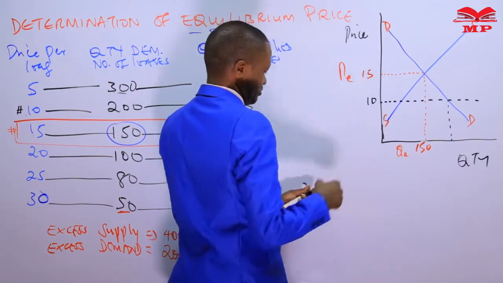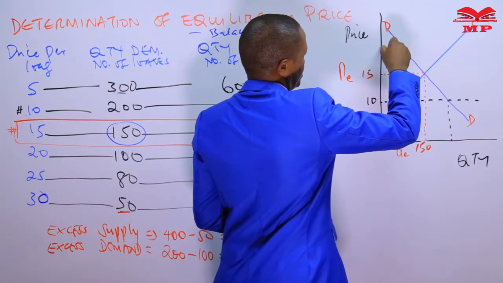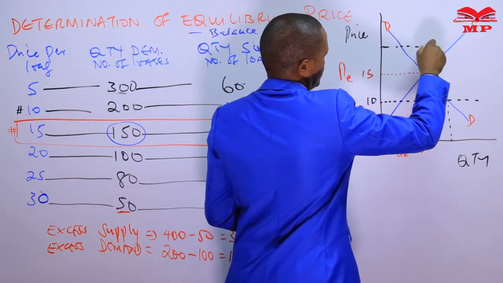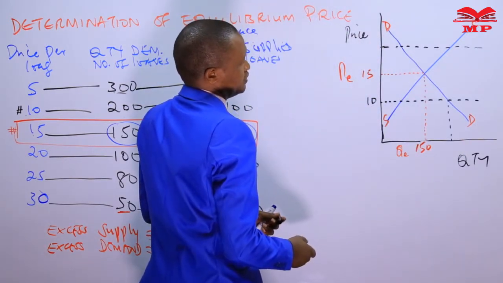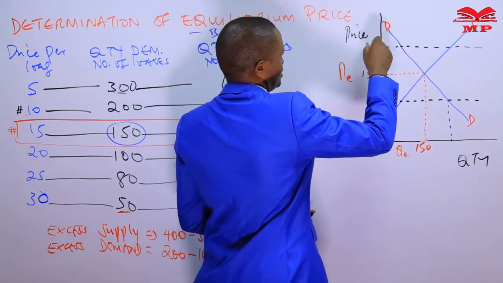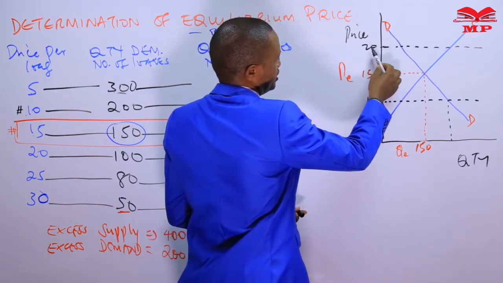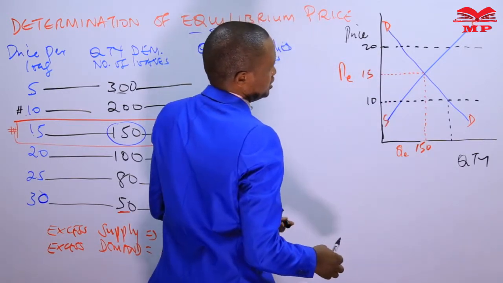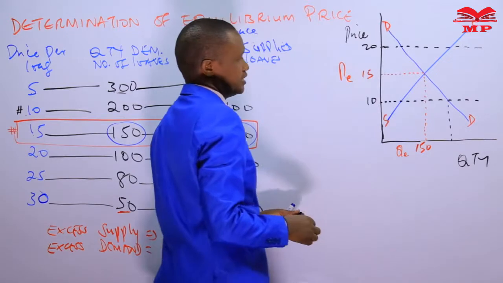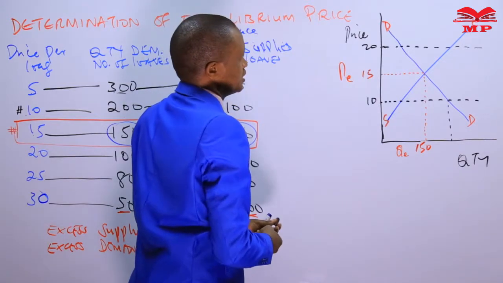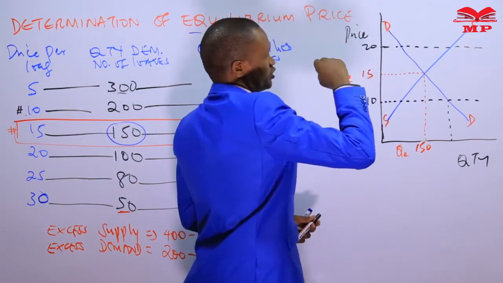But where the price is at say 20 or 25, when the loaf of bread is 20 shillings, you see again the quantity supplied, when the price is up, the quantity supplied is also up.